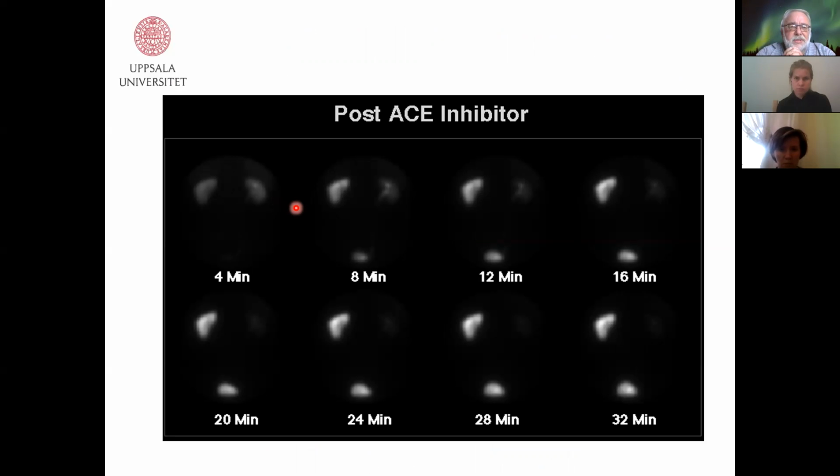And here is an example of a study of kidney function. You could probably see that some accumulation of activity is in both kidneys, but one is apparently damaged while the other is the only one working.